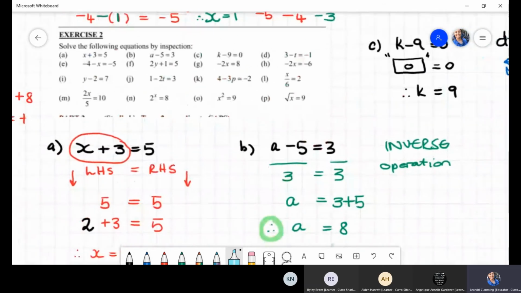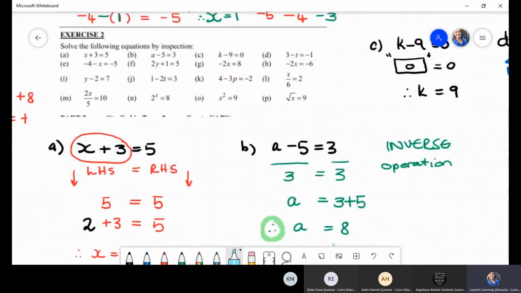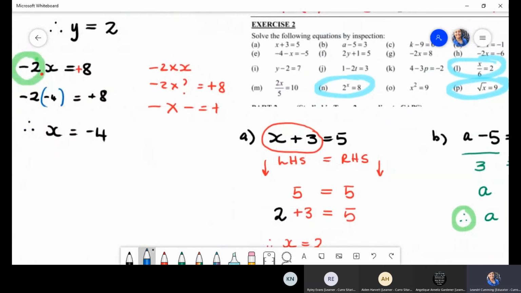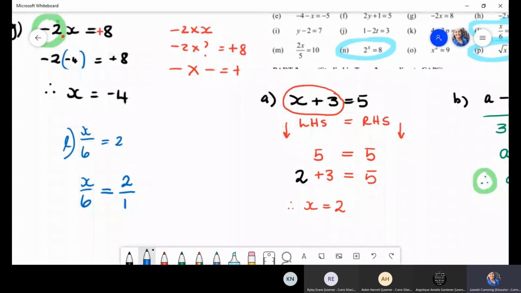So let's quickly have a look at number L, number N, and number P. Number L is given as x divided by 6 is equal to 2. And I ask myself, I have something, I divide it by 6, and that will give me 2. What you can also do is always write over your equal sign. The whole number on the right-hand side or the left-hand side can stand over 1, and you can go either way.